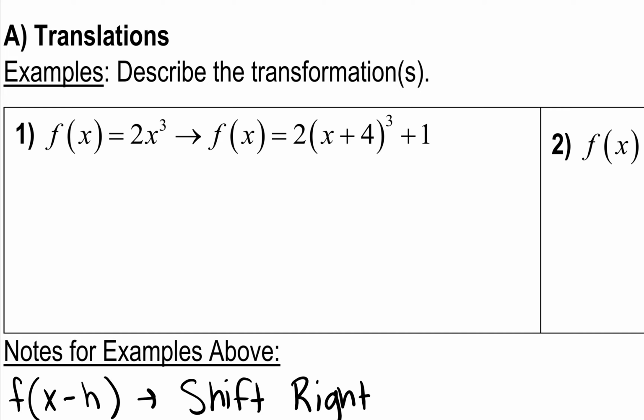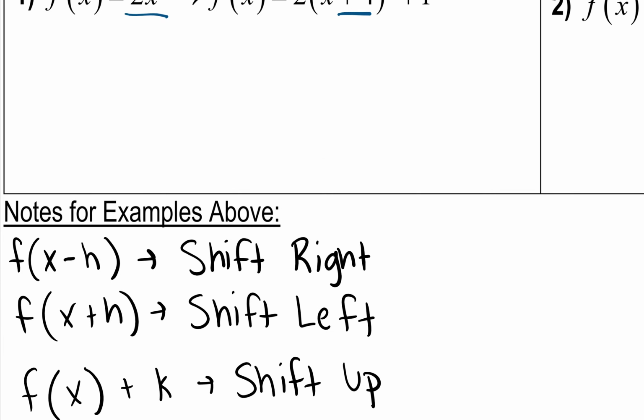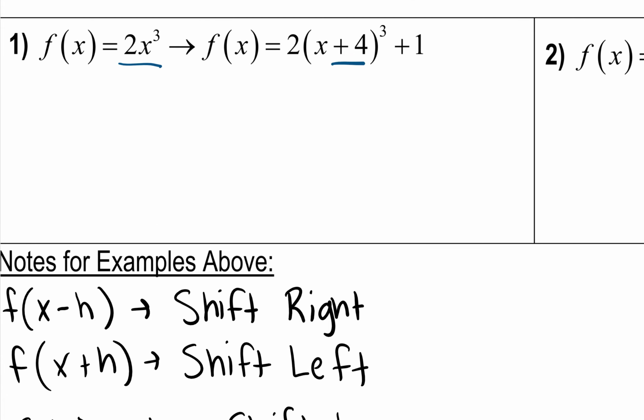On these, I'm only shifting left, right, up, and down, so I'm only focusing on what's in the parentheses and what is after. Where I start, I don't have anything. Then over here, I have plus 4. If I go from 0 to plus 4, I'm adding 4, which, looking down here, would be going left 4. Then after the x I have nothing, and now I have a plus 1.